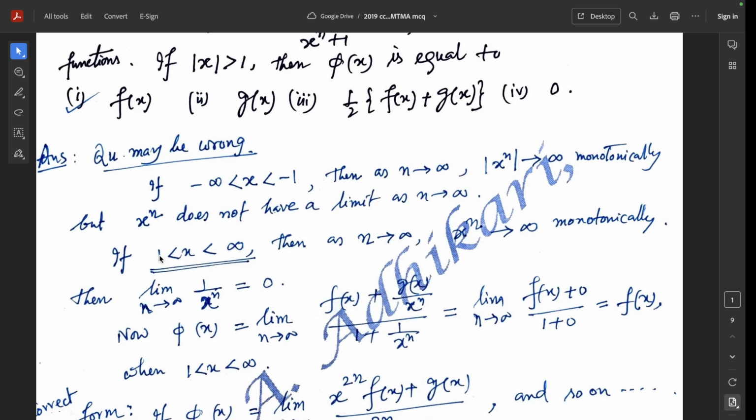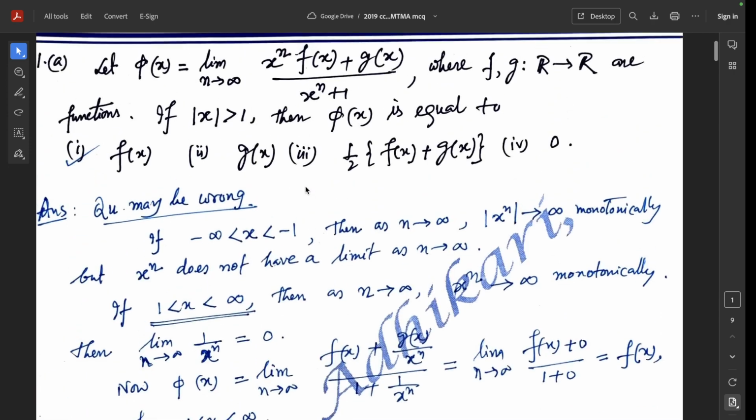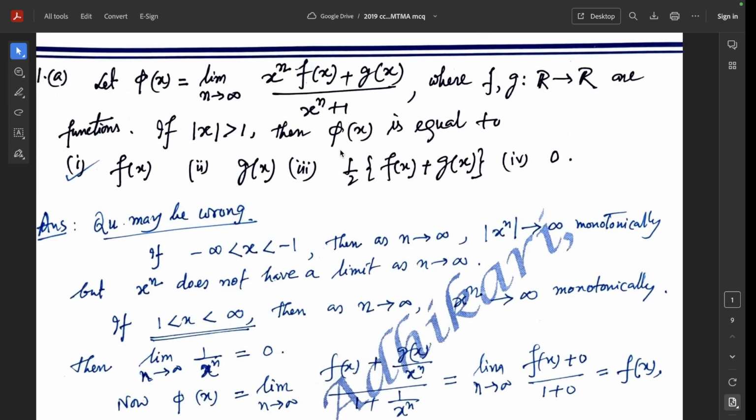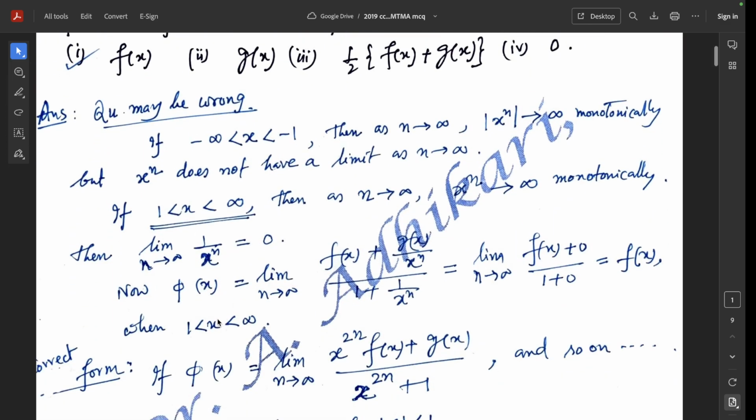This holds if 1 less than x less than infinity, but we cannot find it for minus infinity less than x less than minus 1. So we correct this question in this form: phi x equal to limit n tends to infinity of (x to the power 2n f x plus g x) whole divided by x to the power 2n plus 1.